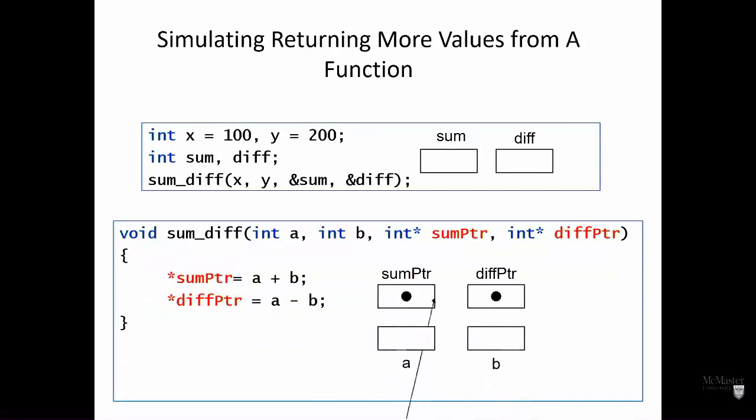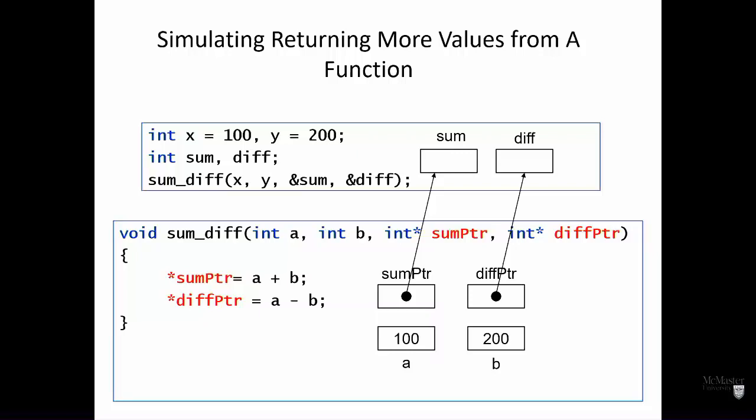So again, a simulation of what's going on. Sum pointer and diff pointer are pointing to two memory locations, and then a and b have certain values. You do the sum, and by doing this, you take the sum and put it in the sum. Let me say step by step what happens behind the scenes, at least one time, for the sum, for example, right? So this line, what the compiler will do is, this is a pointer dereferencing.